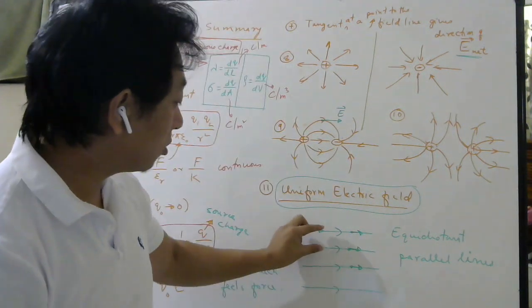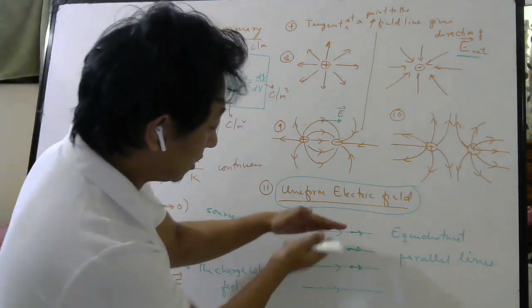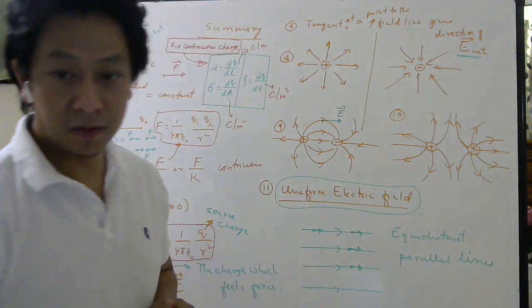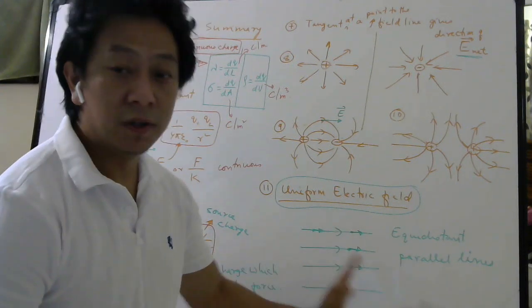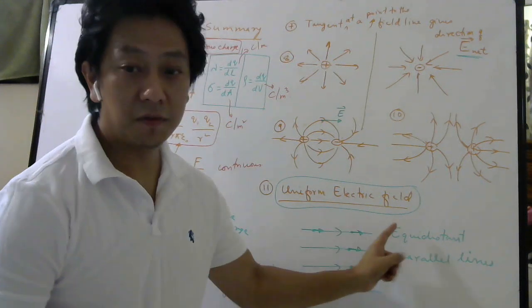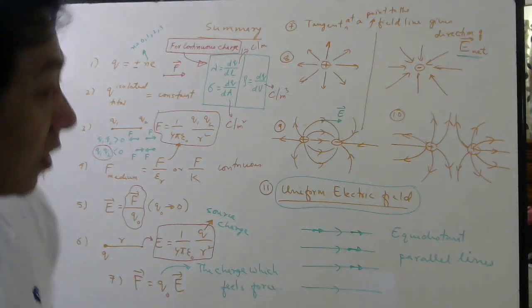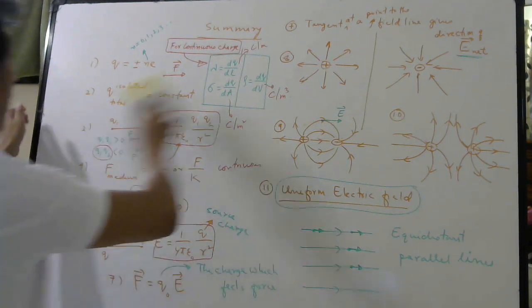So the lines should not be closer and also not farther. So it should be equidistant parallel lines. So this kind of lines if you draw with an arrow, then we call such a field uniform electric field. Fine. Take a screenshot of this and from time to time revise all the formulas.